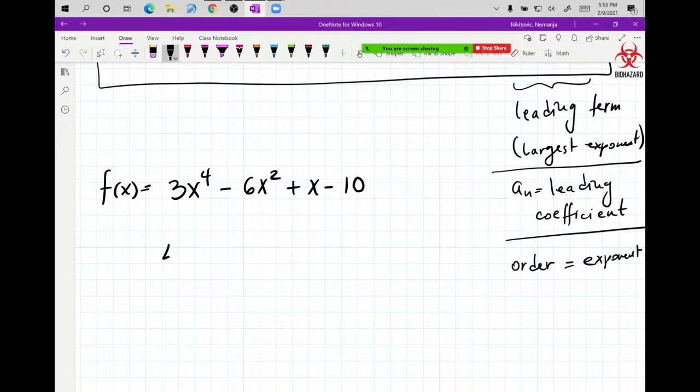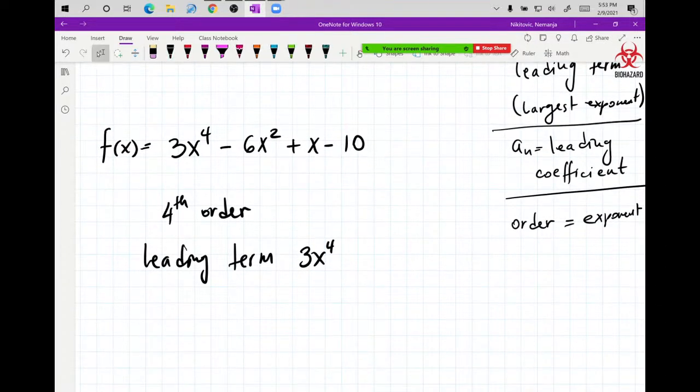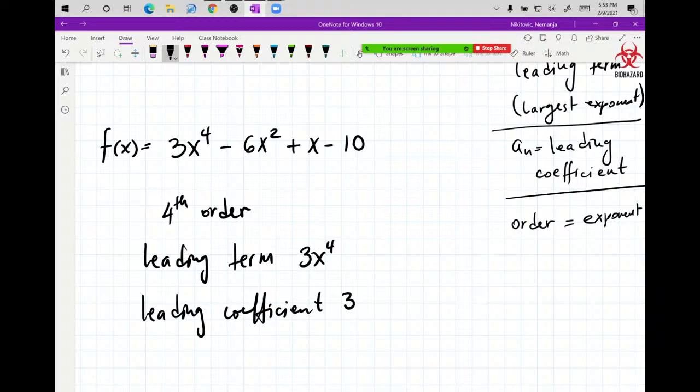When I know it's a fourth order, right? I know that the leading term is the 3x to the fourth because that's the term with the highest exponent in it. And then I also know the leading coefficient, which is 3.